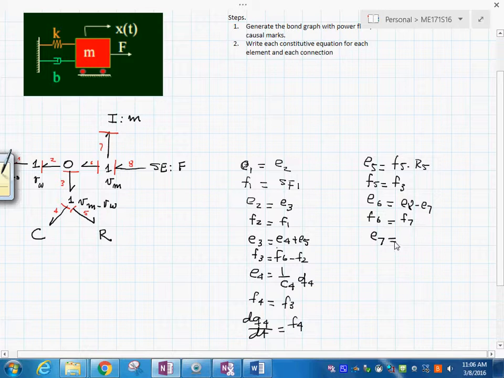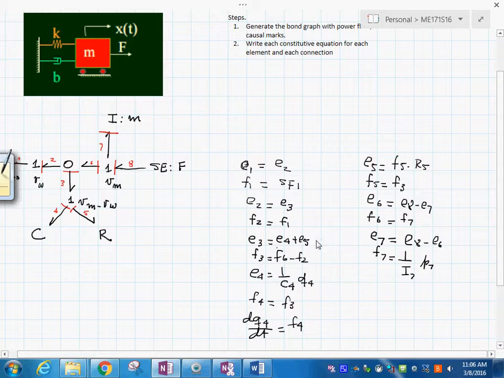F7 is 1 over I7 times p sub 7. That's the constitutive law of the I element. And now we know that dp sub 7 dt is equal to E sub 7. We're not done, but this generates the second differential equation.